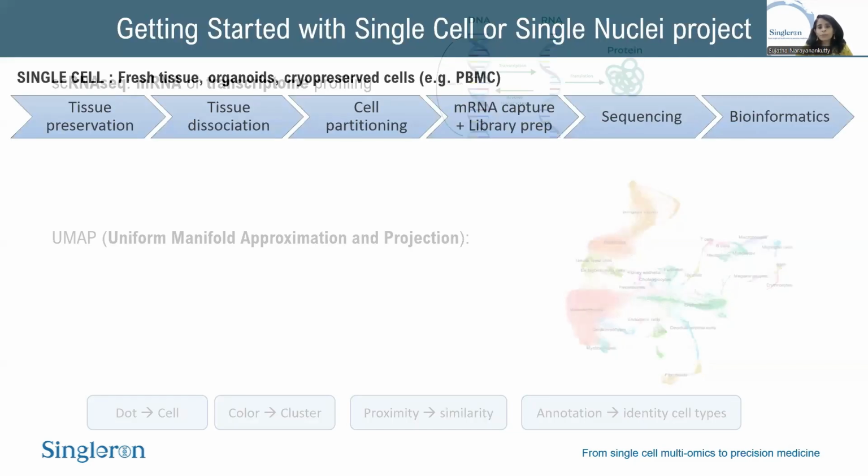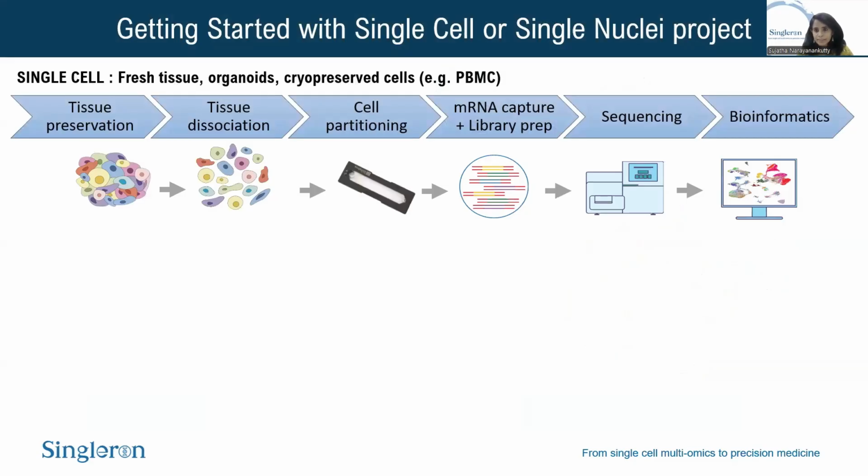Once you've decided that you want to do a single cell or single nuclei project, the first thing you need is your sample. If you're setting out to do a single cell project, you can use fresh tissue, which can be harvested or biopsy samples. You can also work with organoids, which are more artificially created samples. You can also work with cryopreserved cells, so PBMCs or any other cells that are cryopreserved.